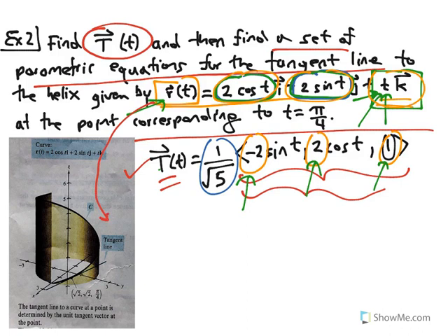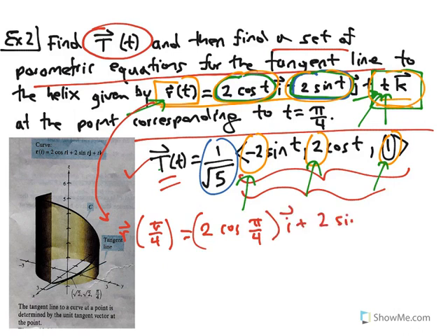You can evaluate the vector valued function r of t at t equals pi over 4. So you have 2 times cosine of pi over 4 i plus 2 times sine of pi over 4 j plus pi over 4 k. Where on the curve is this point?